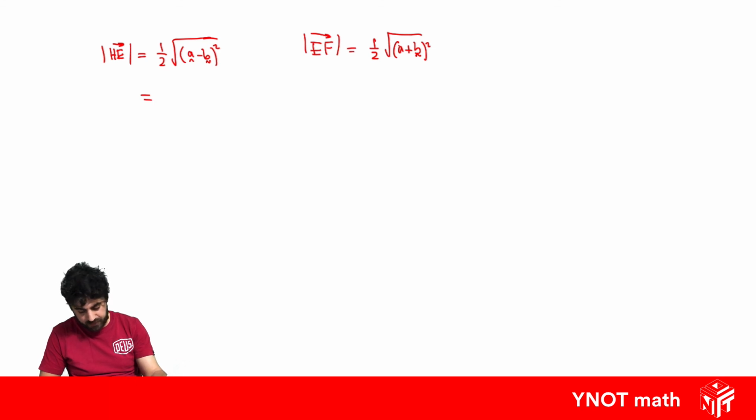So we're going to get a half square root of, this is going to be A dot A minus 2 times A dot B plus B dot B.